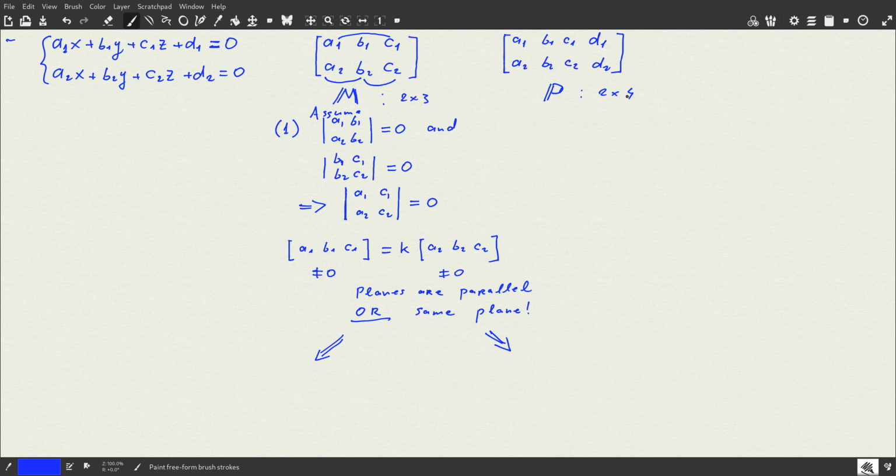Therefore, we consider a 2 by 3 matrix here. The columns of this matrix are just column vectors of length 2, but there are 3 of them. Whereas the rows of this matrix are row vectors of length 3, but there are 2 of them. So if there are only 2 rows, then the maximum number of linearly independent rows is of course 2.